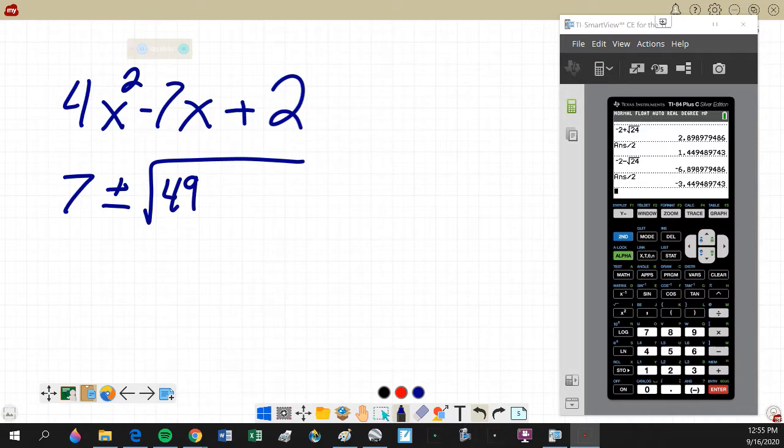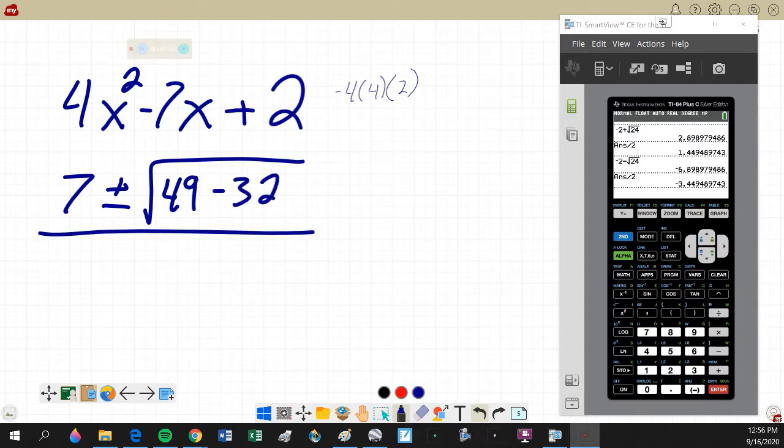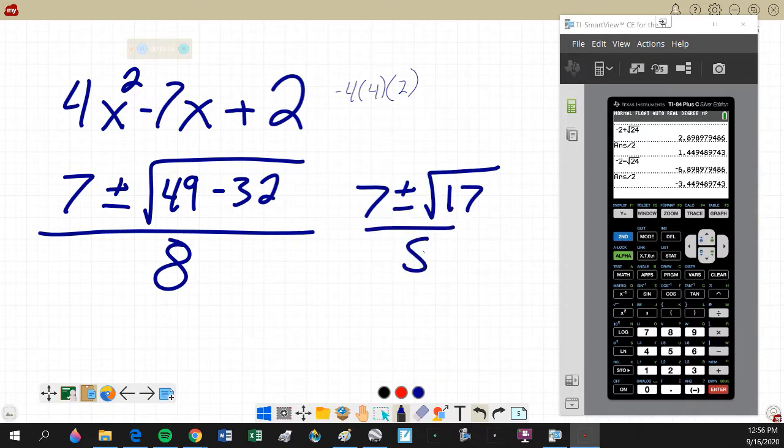And then off to the side, negative 4 times 4 times 2. That's 32. Negative 32. Over 2a, 8. Okay. So 7 plus or minus the square root of 17 over 8.